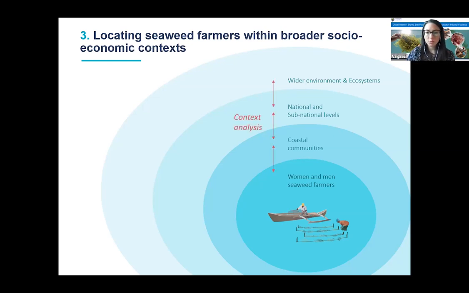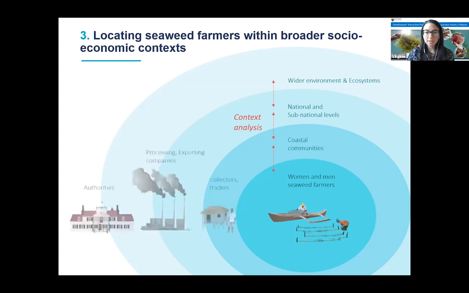So this is part of a context analysis, but we also looked at the different segments of the value chain of seaweed, particularly the carrageenan value chain.